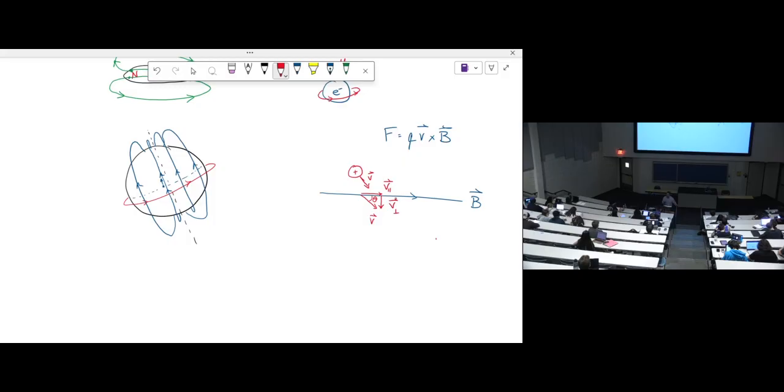Here's what I'm getting at. Let's do one at a time. What happens to the parallel component of the proton's velocity? How does it change? Because force is akin to acceleration, and acceleration is akin to changes in velocity. So how does the parallel component of the velocity of the particle change? It doesn't. I'm just assuming this is a uniform magnetic field, so distance away from the field we're not worried about.